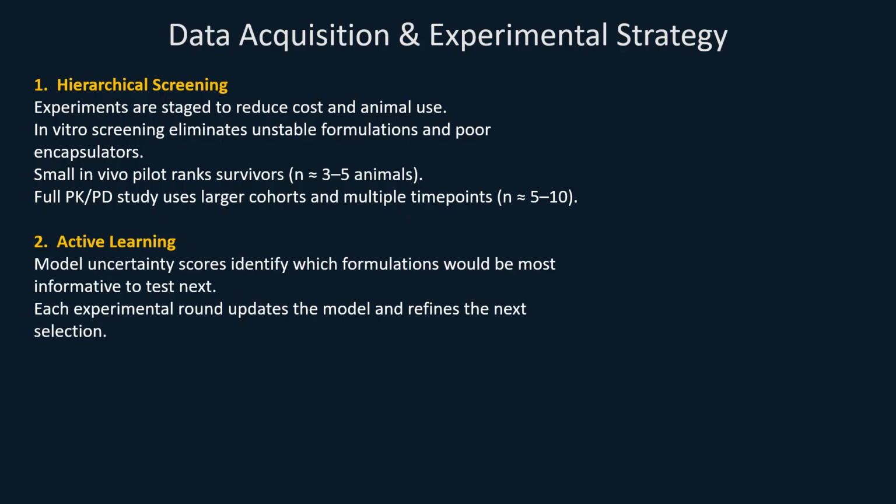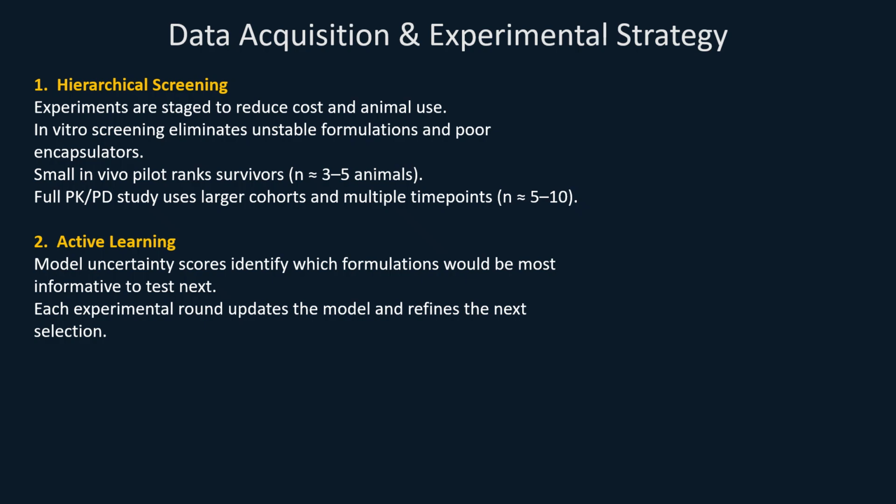ML can make this process a bit more efficient through active learning. Rather than selecting the next formulations to test arbitrarily, the model can flag which candidates carry the highest prediction uncertainty. Those are the experiments that would add the most information.